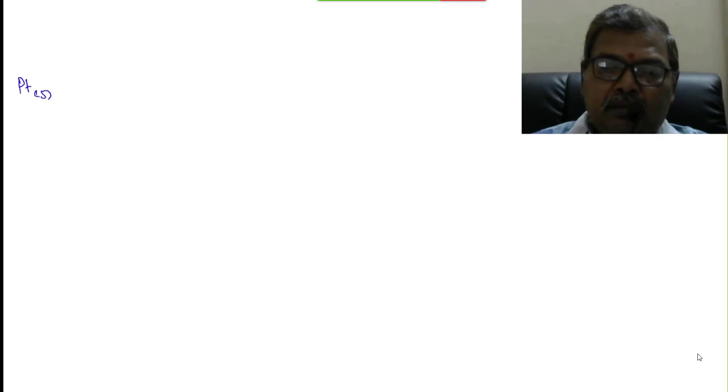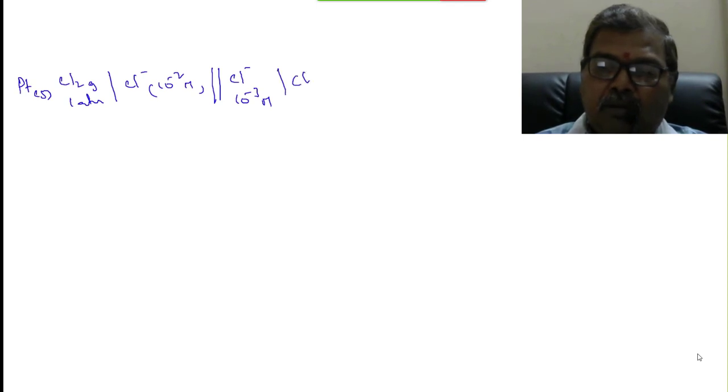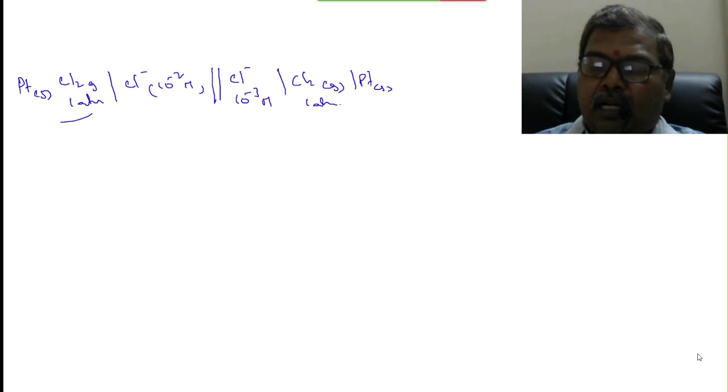Next, see one more question. Pt solid, chlorine gas, 1 atmosphere, Cl minus 10 power minus 2 molar, salt bridge, Cl minus 10 power minus 3 molar, chlorine gas, 1 atmosphere, and platinum solid. Right? Here, the chlorine electrodes are at 1 atmosphere pressure, therefore the active mass is 1.